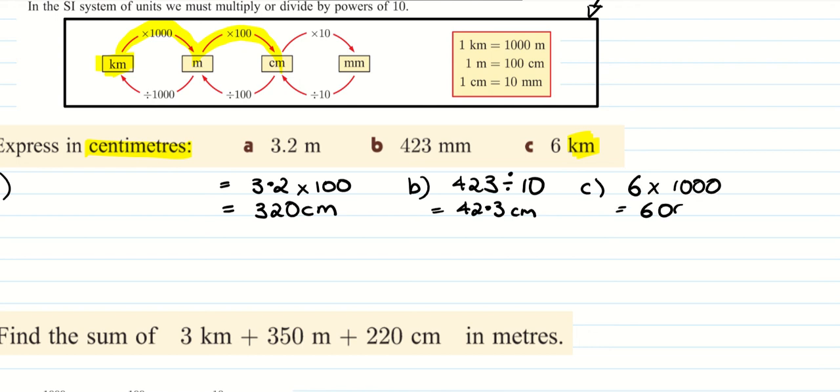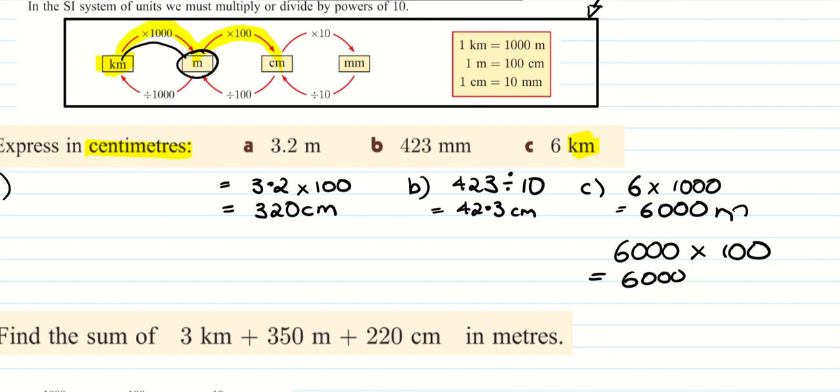That's 6,000. And that's in metres. So that's us going that first hop along here to metres. And then we're going to have to times by 100. And that is 6,000 and those extra 2 zeros. So that's 600,000 centimetres, which is a lot of centimetres.